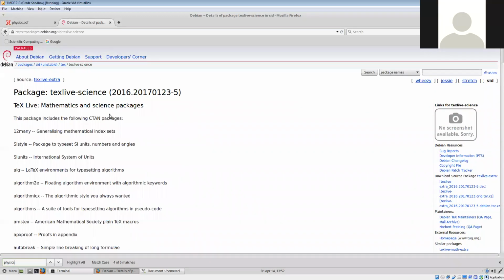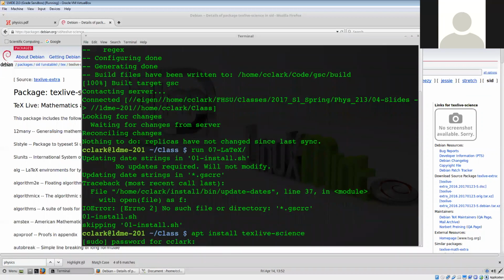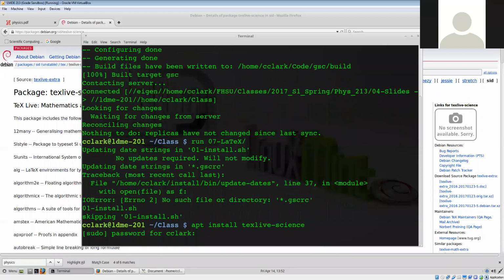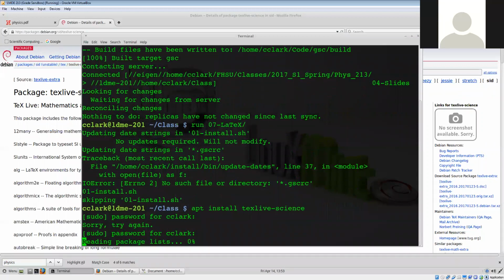So let's try that. Let's open up a terminal. We might need to take the science tab off as well. There's documentation files for the TeX Live Science. Oh, we don't need documentation. It's all online.